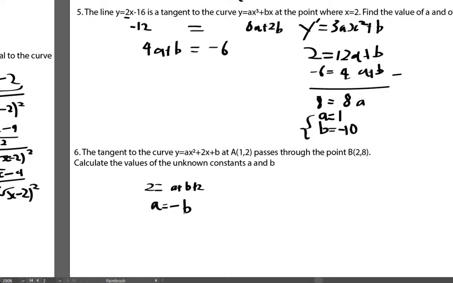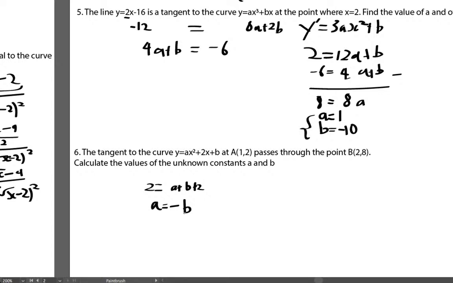Another thing we want to notice is that it passes through the point B(2, 8). The tangent here is obviously the gradient. When you derive the function, you get the gradient.